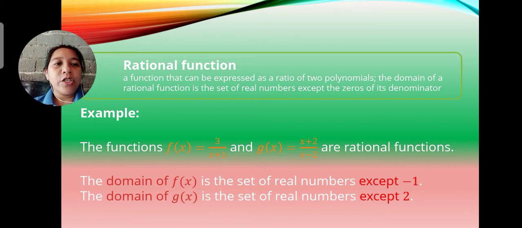For the given g of x is equal to x plus 2 over x minus 2, the domain of g of x is the set of all real numbers except 2. Again, we need to know the zeros of its denominator for us to know the restriction of the given function.